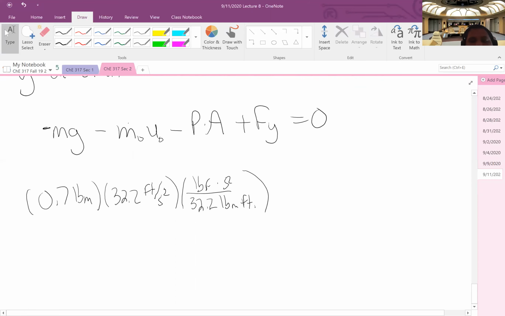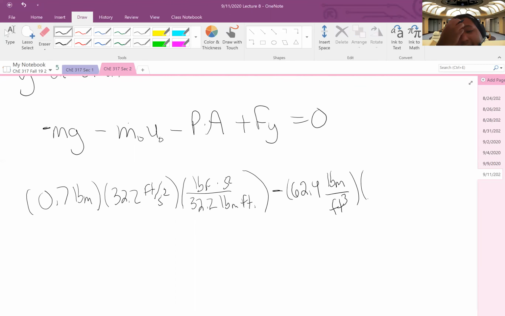Then we have our mass flow rate out, which is 62.4 pound mass per cubic foot times the velocity squared, which, since this is the smaller outlet, the velocity is higher. If you do that math with the continuity equation, you get about 15.4 feet per second.